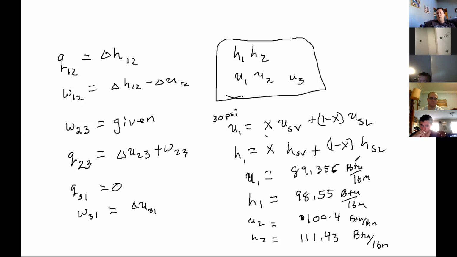Now notice these are all intensive quantities per pound mass. And the issue is they didn't give us the specific amount of work. They gave us the total work, I think. So to be able to mix it in this formula, I actually need to divide by the mass, which fortunately is 1.